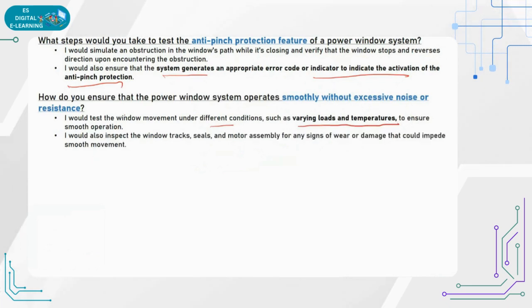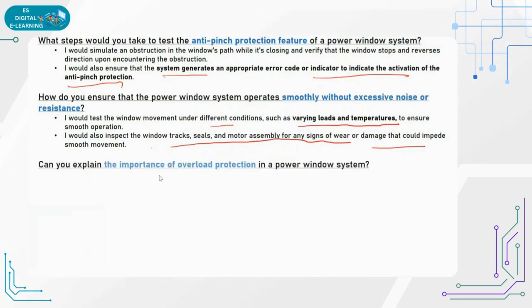I would also inspect the window tracks, seals, and motor assembly for any signs of bearing damage, because if the motor is damaged, there are chances it won't work properly. If the window is damaged or not aligned properly, we do all that at the simulation level in CANoe.